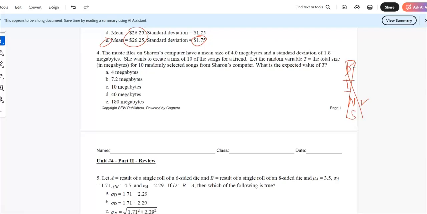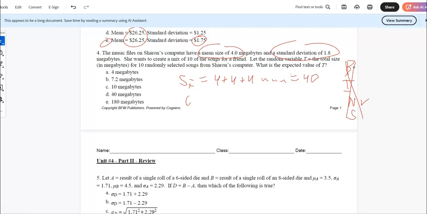It looks like we're combining random variables here, right? So we have the mean of each random variable, the standard deviation of each one, and we have 10 of them. So to get the sum of the means, so to speak, you would do 4 plus 4 plus 4 10 times, right? So I think that would be 4 times 10 is 40.